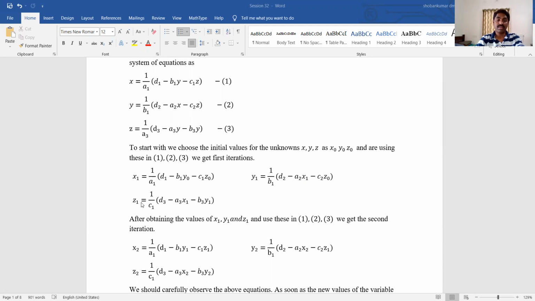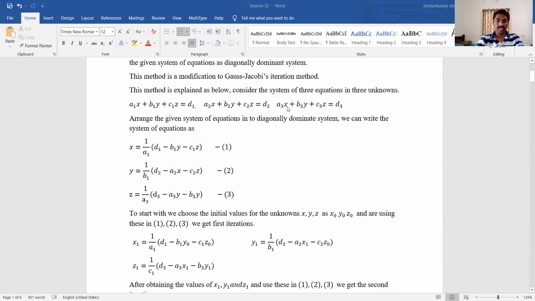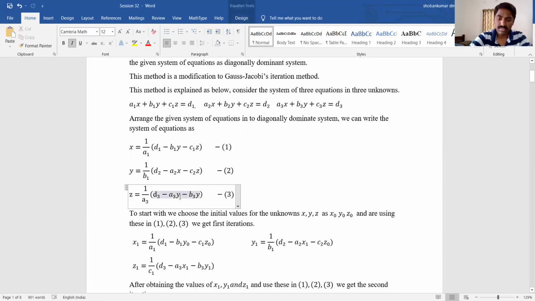And in z1, 1 by c1 into d3 minus a3x minus b3y. Here we already know the first approximations of x and y. I make it correct: this is x, not y, a3x and b3y.